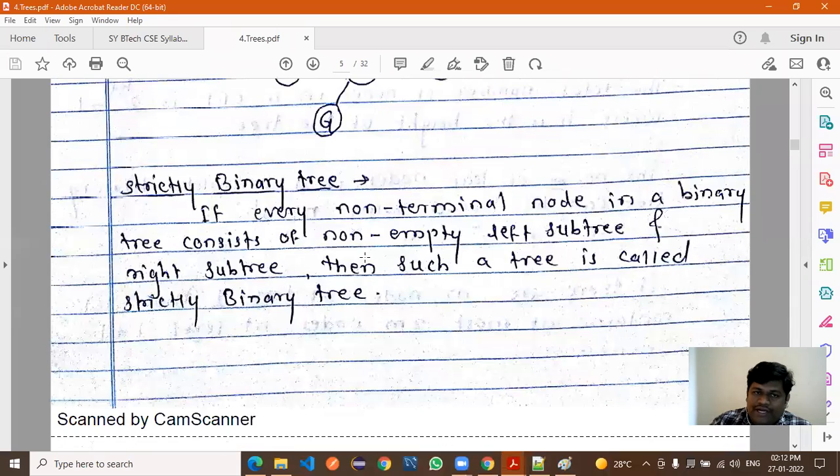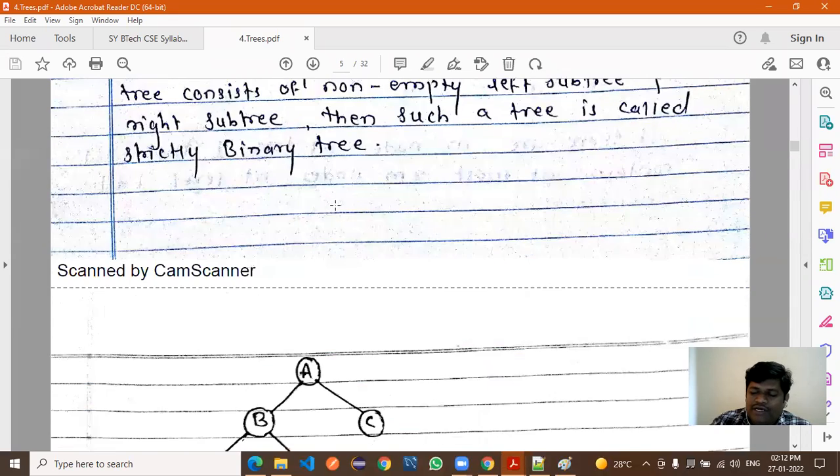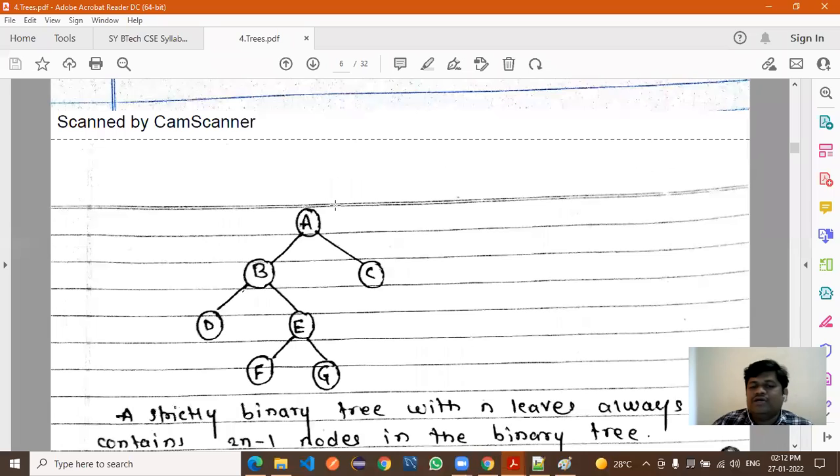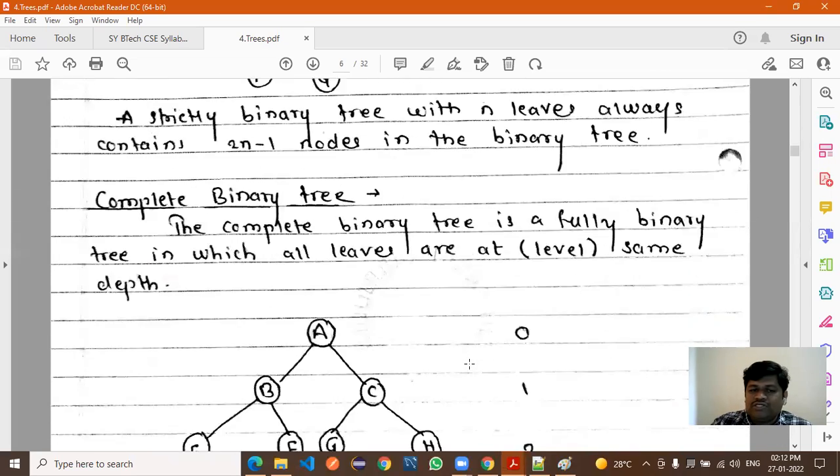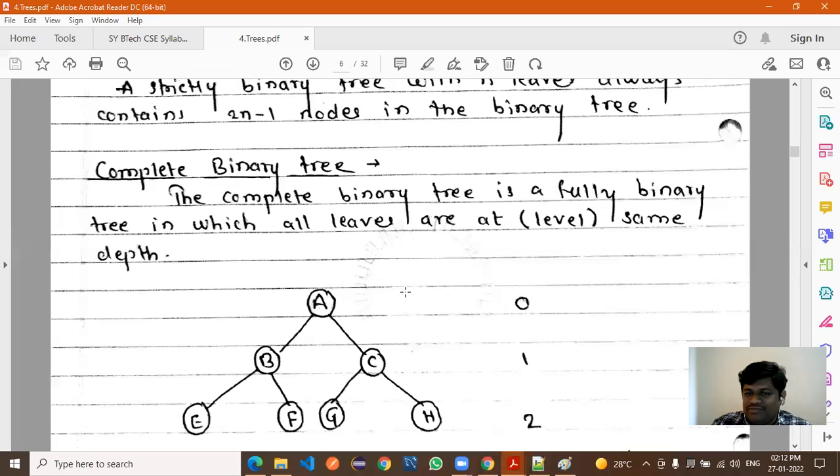So in the strictly binary tree, how many children are required? Either 0 or 2. One child is not allowed in case of a strictly binary tree. Right? Now here, a strict binary tree with n leaves always consists of 2n minus 1 nodes. Now next is the complete binary tree.